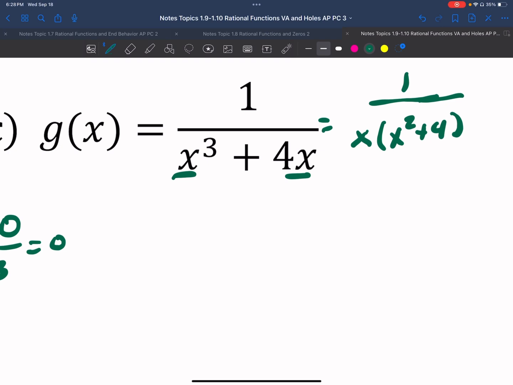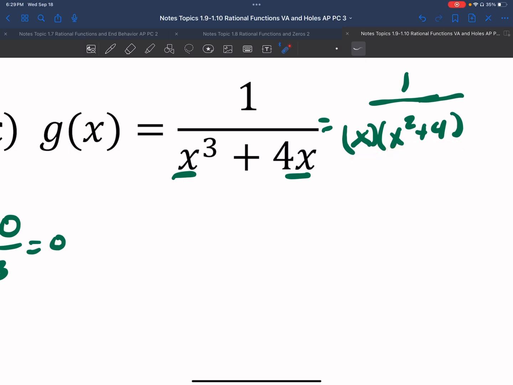In order for you to have a hole or a vertical asymptote, the parentheses have to be equal to 0. So that does happen on the first one, but it doesn't happen on the second one. There is nothing that I can plug into this parentheses to make it 0. So I know I only have one discontinuity or one undefined value.